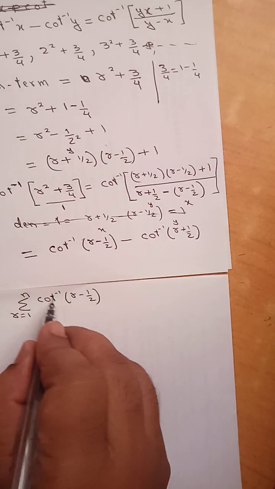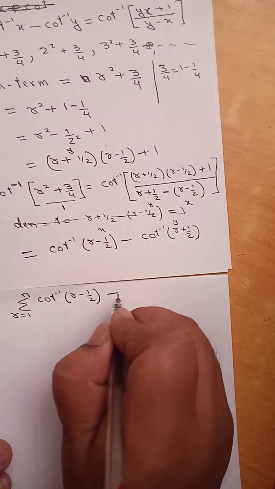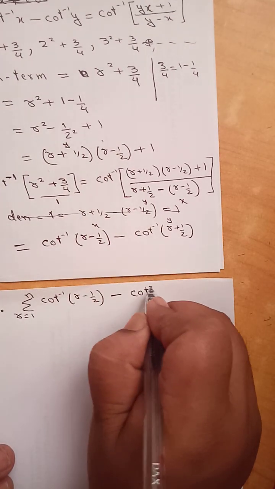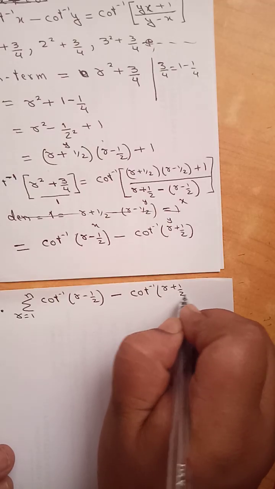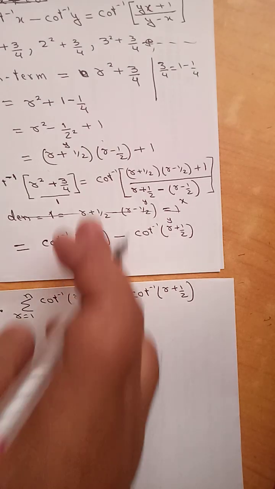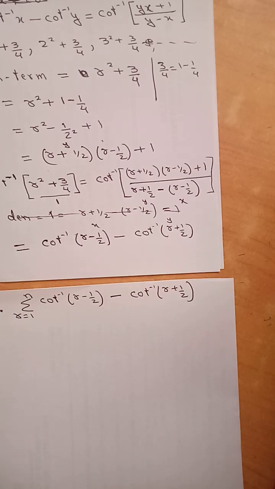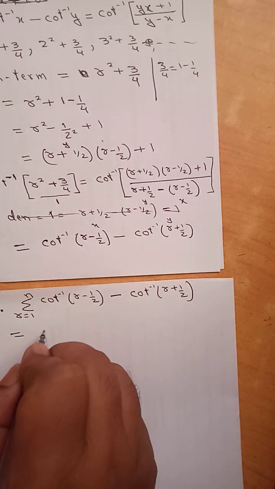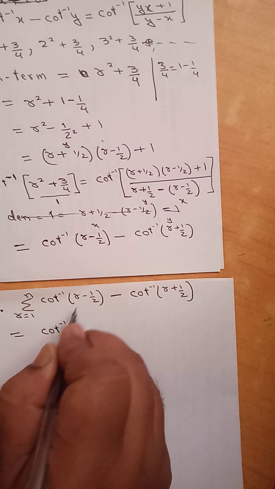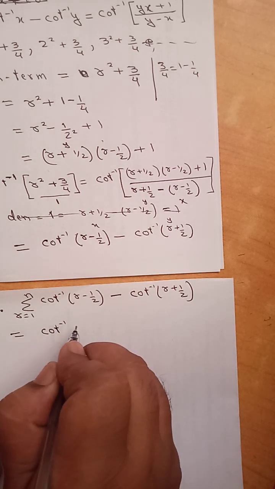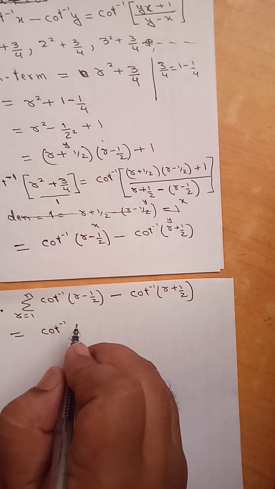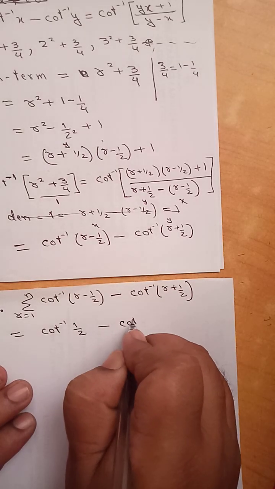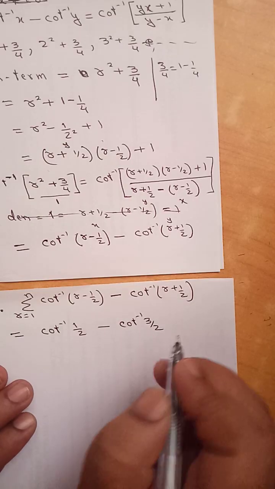In the textbook they have written the answer directly, but in the board exam, if he asks, we have to do it step by step. First substitute r equal to 1: cot inverse of 1 by 2 minus cot inverse of 3 by 2.